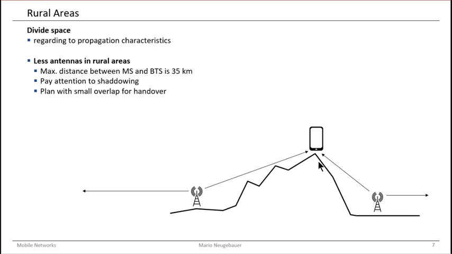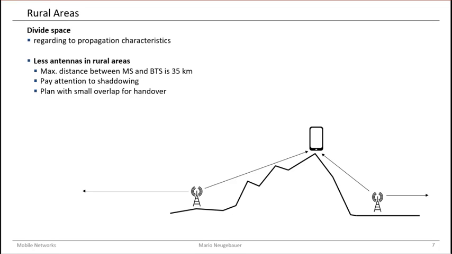If we have a mountain in between two antennas, then on the top of the mountain we might see both base stations, both antennas. But if we go further down towards one of the base stations, then due to the shadowing we can only see one of the base stations, one of the antennas.